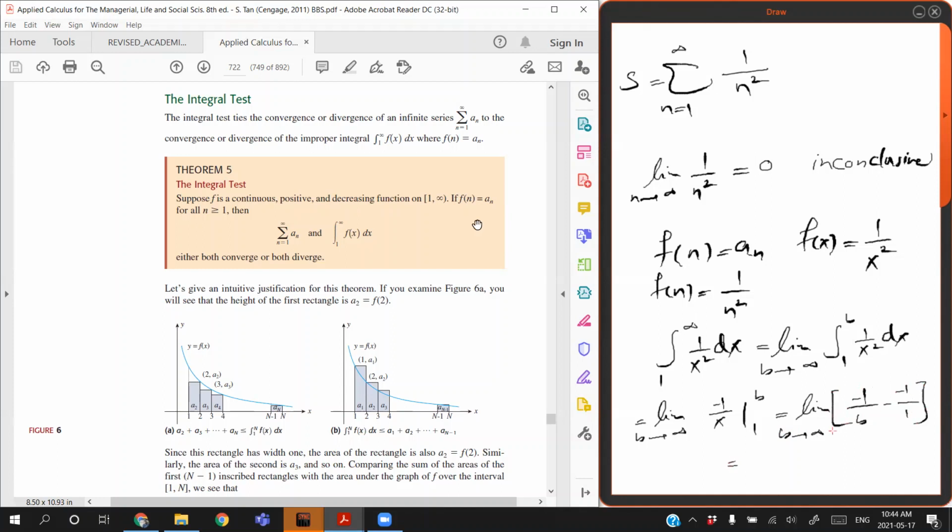And you can see that as b approaches infinity, this part is going to approach 0. And then I have 1 minus 0. That's equal to 1. That means the improper integral that I created is convergent, then so is this one.